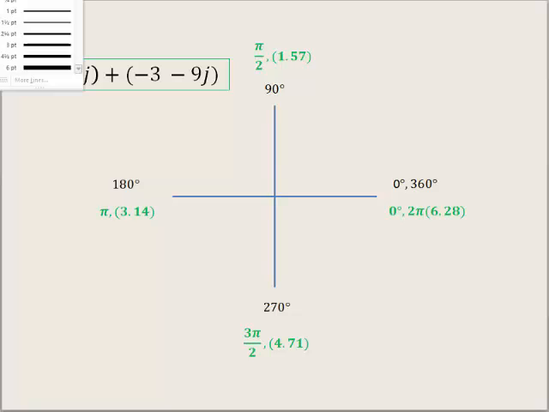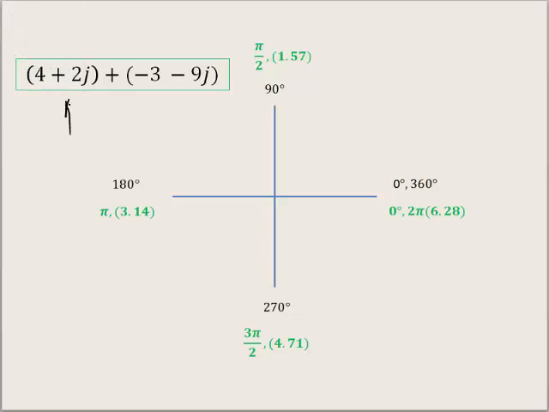All right, where do we go from here? What if we add rectangular numbers? Can we do that? Let's take this one first. 4 plus 2j. All right, 1, 2, 3, 4. 1, 2. That's about right there. Okay, and I'm going to label that. We're back to our rectangular format. And 3 minus 9j.